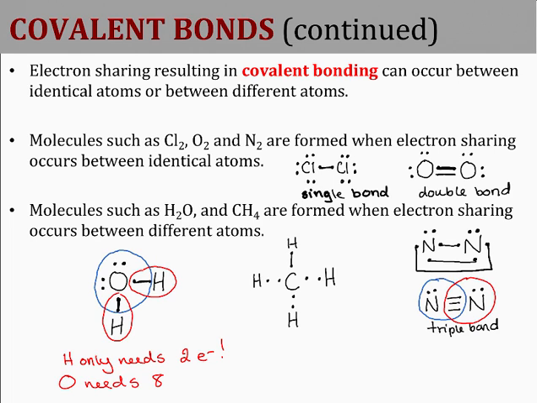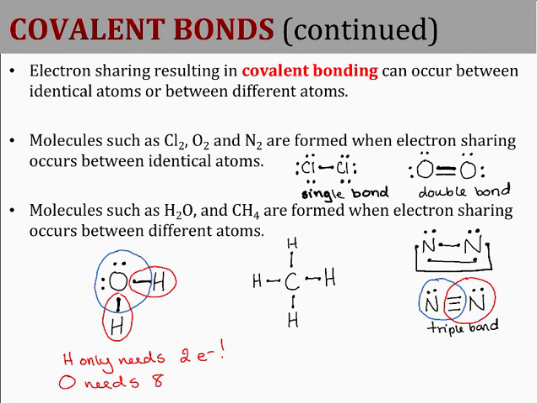And then we can draw lines between those electrons. And now each hydrogen has 2 electrons that it's sharing with carbon. And carbon has 8 electrons. So at the top it's sharing 2, to the left it's sharing 2, on the bottom it's sharing 2, and on the right it's sharing 2. So that would be a total of 8.